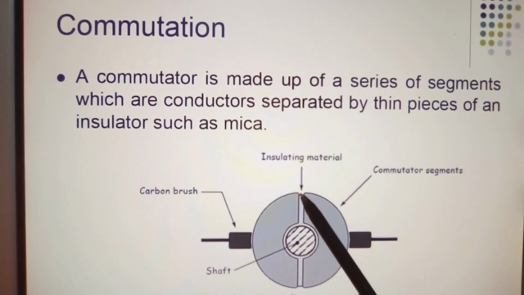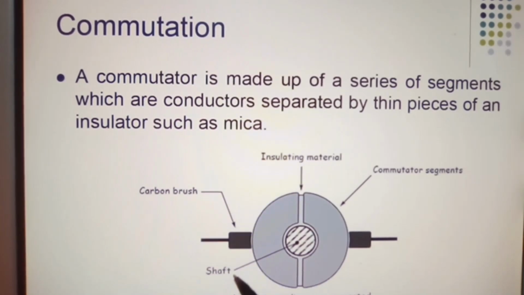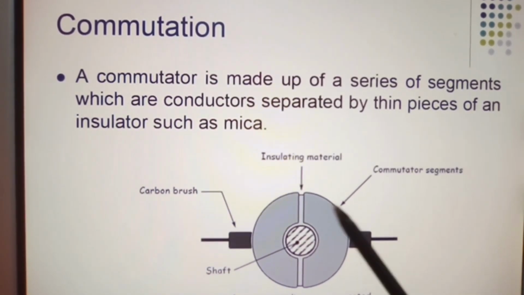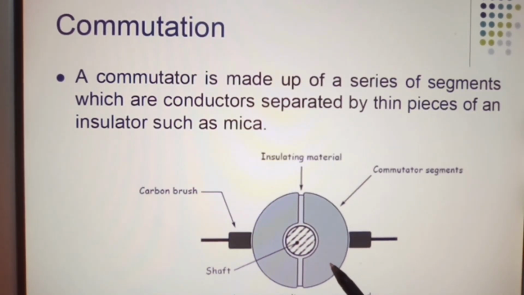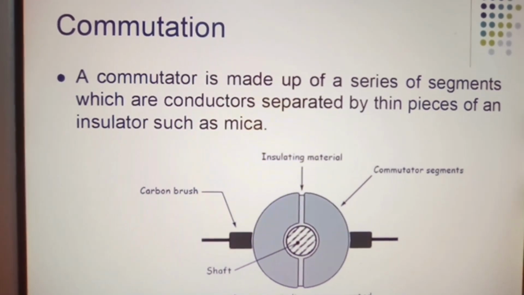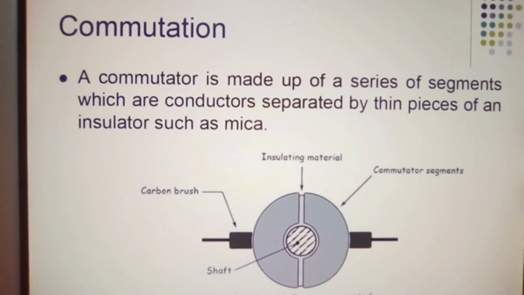Insulating material, carbon brush, the shaft, commutator segments, and armature windings are connected through the copper segments, and you have many copper segments. This is just taken as one piece to show you what the action and function of it is.